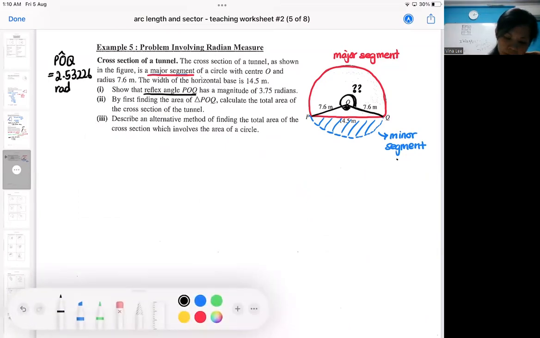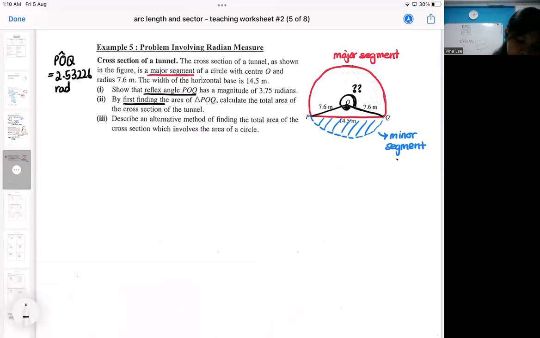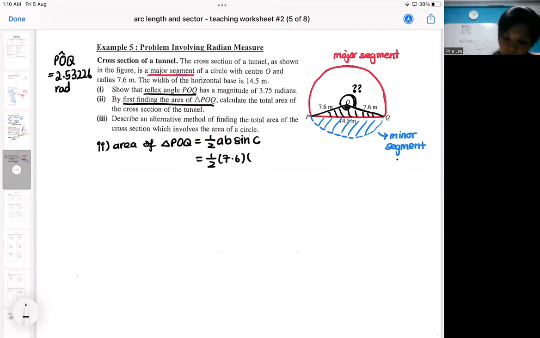The question says I'm supposed to first find the area of triangle POQ, which is half AB sine C. You should use half AB sine C with the angle that is not the reflex angle.